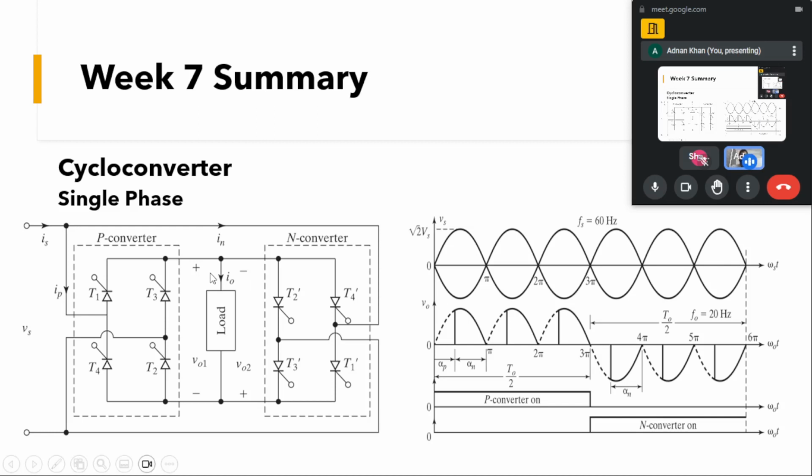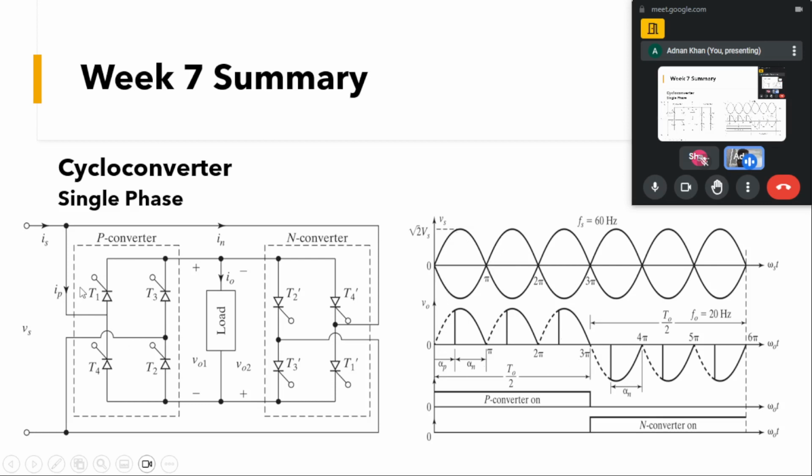This is one of the converters by which we can generate AC of some other frequency and amplitude. So for the positive half, this P converter will conduct, and for the negative half, this N converter will conduct. So whenever this P converter is conducting, we will be getting this positive voltage.